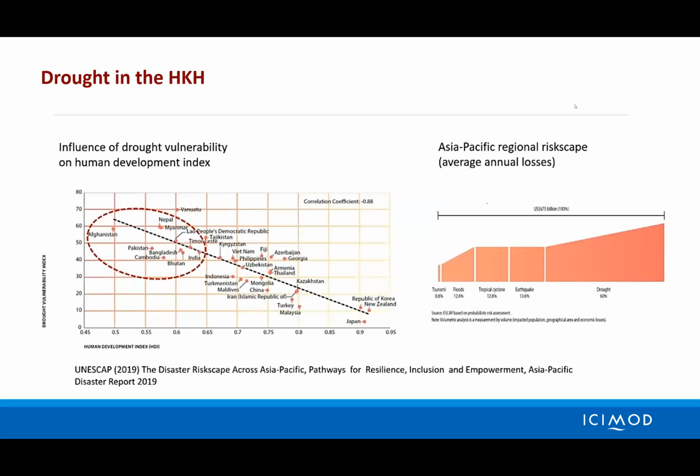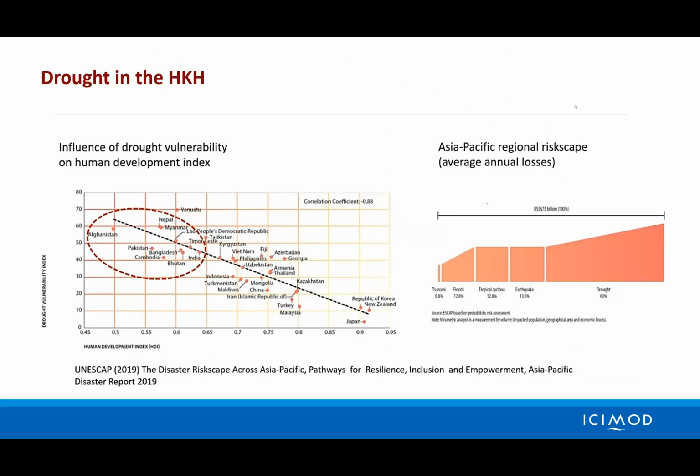But coming back to drought particularly, the geographic area where we work is the Hindu Kush Himalayan region, and drought is one of the major catastrophes both in economic terms as well as social vulnerabilities.